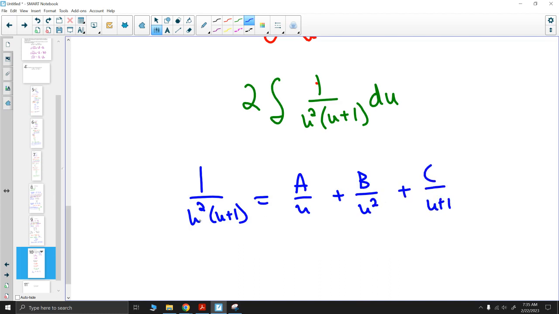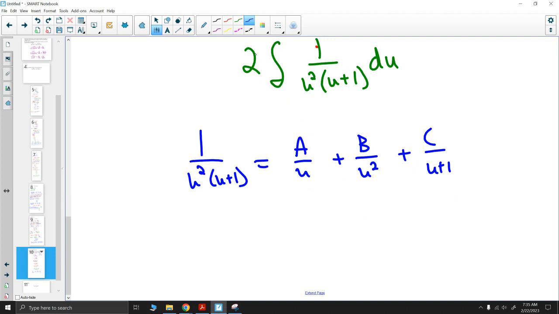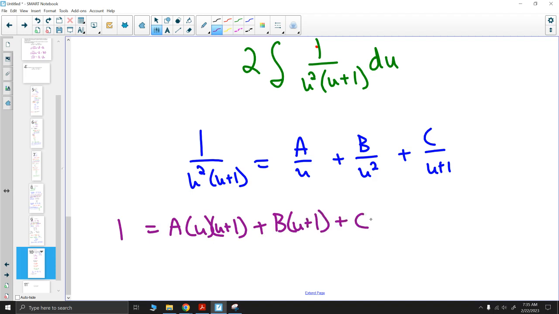This is not an irreducible quadratic, this is just a duplicate, so that's why we have a duplicate here. That tells us that 1 is equal to a times u plus 1 plus b times u plus 1 plus c times u squared.